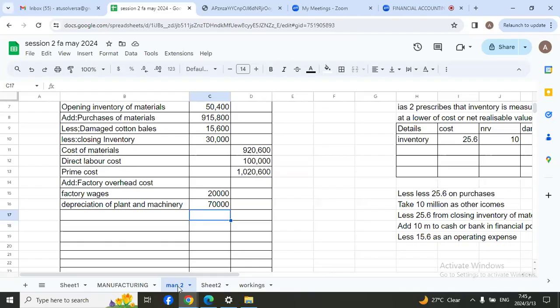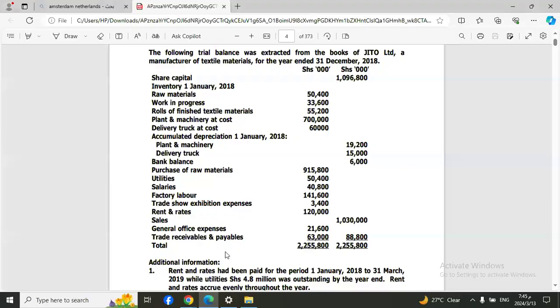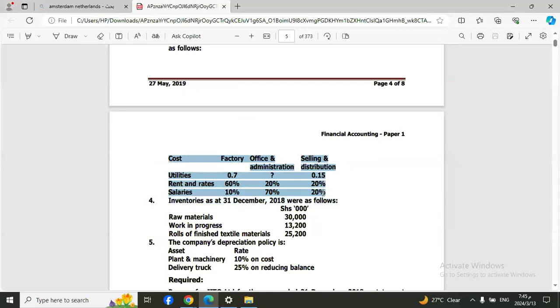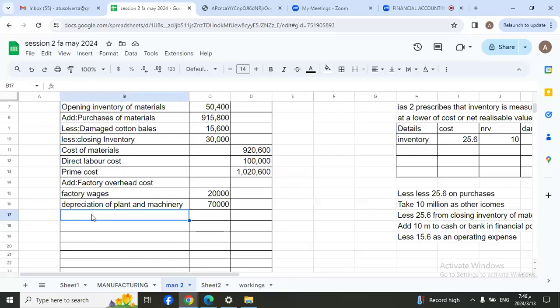So what you do, the moment you reach at this stage, what should come into your mind? Go to the additional information on these percentages here. You look, there are only three things that they have apportioned. We have utilities. So I'm going to start with utilities. I come here, under my workings here, I write utilities.